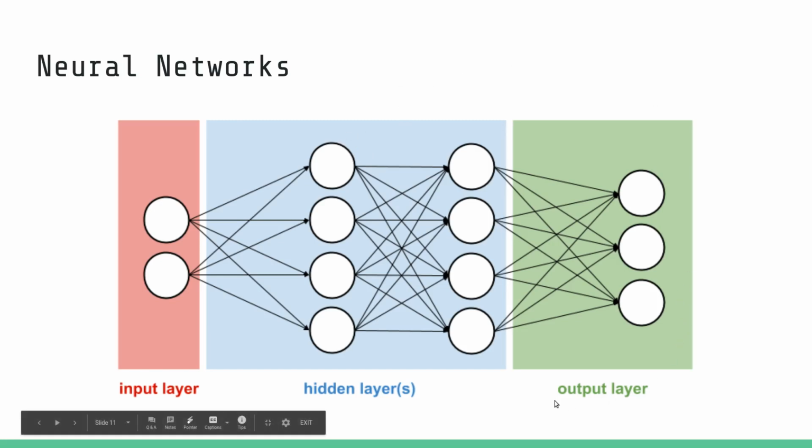So the output layer is what we're really interested in. We see here 3 outputs. So we could be classifying signals that we receive within 3 categories, such as is something in some state or the other state or in another state.